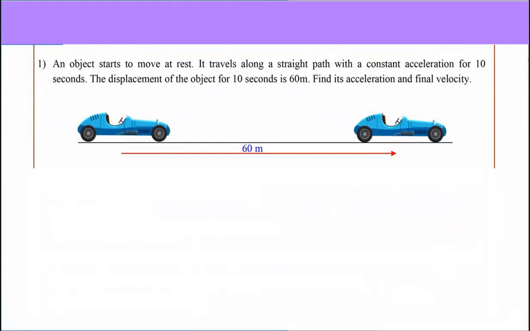So what kind of graph should we draw for this? Let's try to draw the displacement time. Sorry, not the displacement time. Let's try to draw the velocity time graph for this. So how do you represent constant acceleration here?